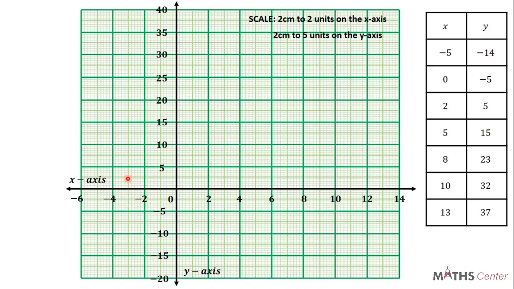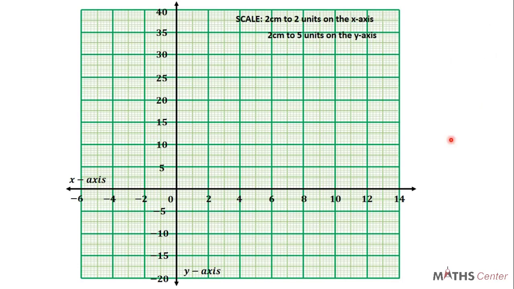Now with this position of the x and y axis, we can plot all the points that we have here on our graph sheet. So to determine the best position for the x-axis and the y-axis, you have to consider the scale of the graph and the values that we are going to plot.